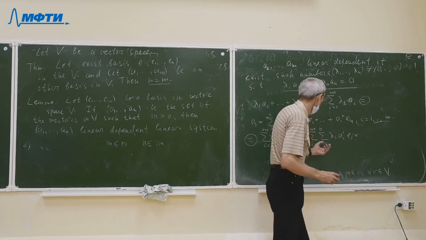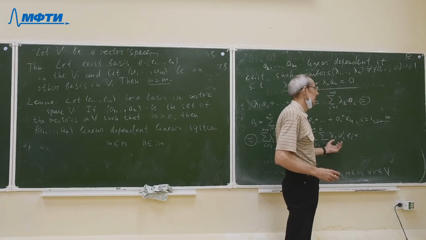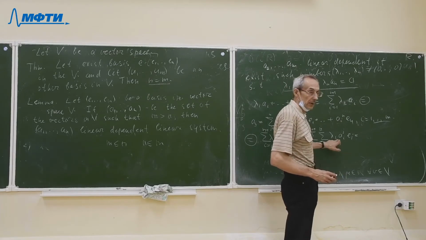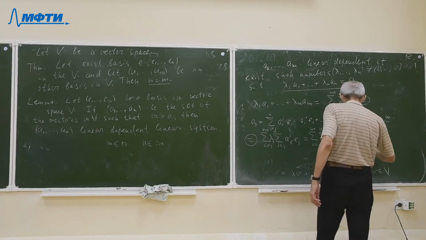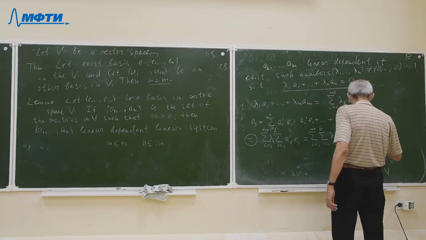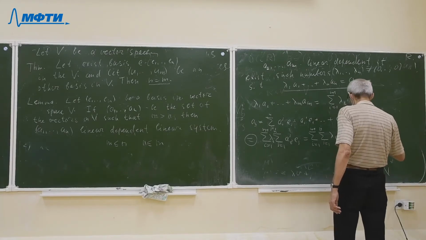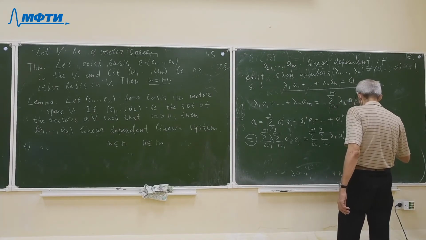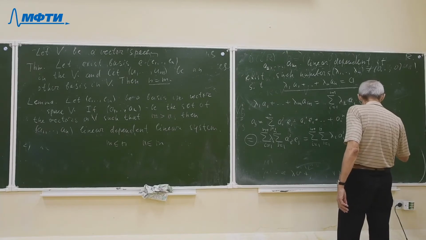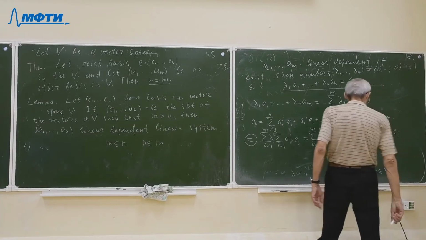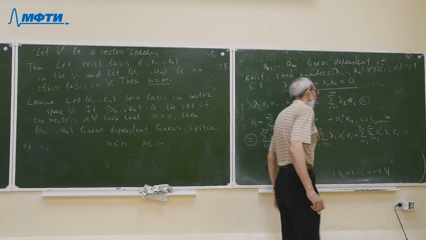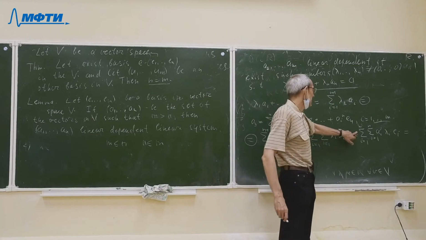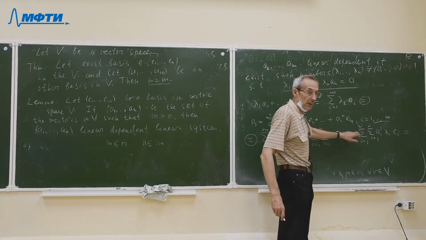Using commutativity and the axiom of distributivity, I can change the order of these elements. I can rewrite them, and I can change the order of summation.